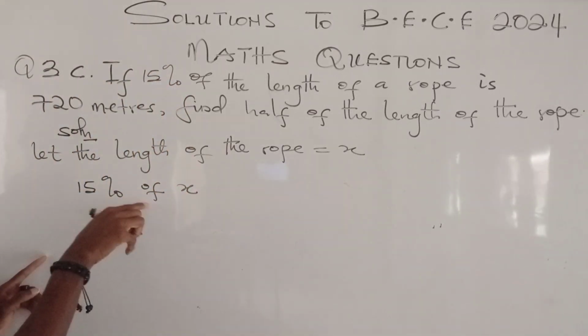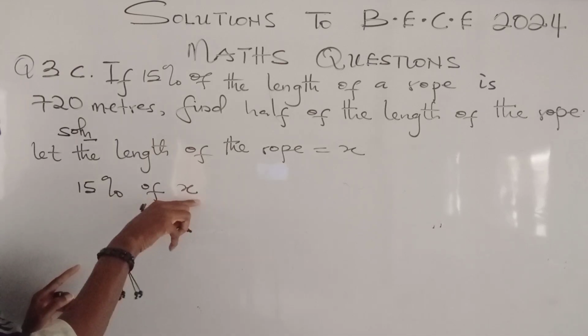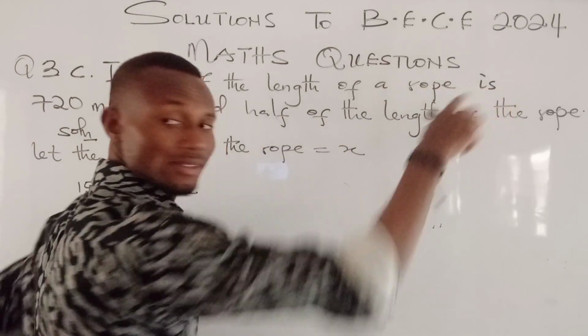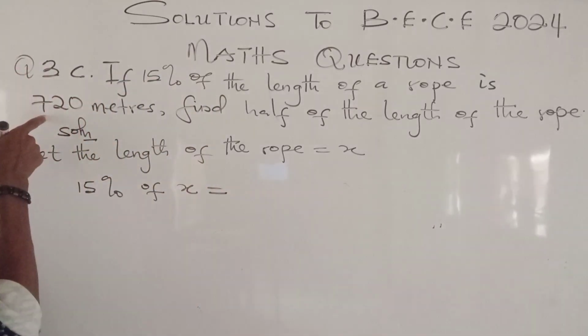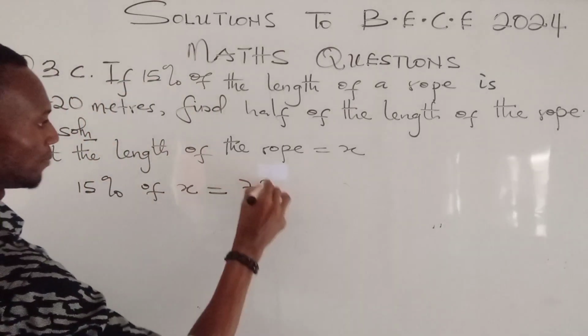So 15% of the length of the rope is S. "Is" means equal to, so you bring your equal to, there's 720 meters.